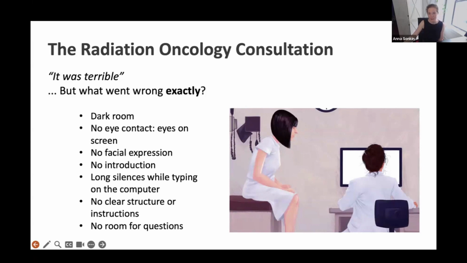The physician didn't turn on the lights after looking at lots of images. There's absolutely no eye contact the whole time he was looking at a screen. No facial expression. He did not introduce himself. There were these long silences where he was typing on his computer. There wasn't any clear structure, so we didn't understand what was going to happen.